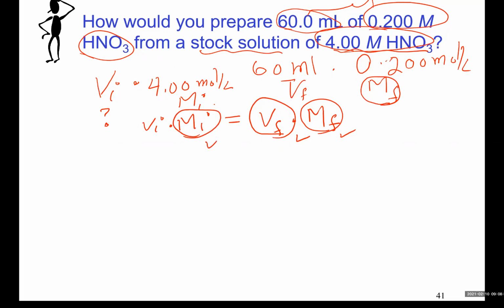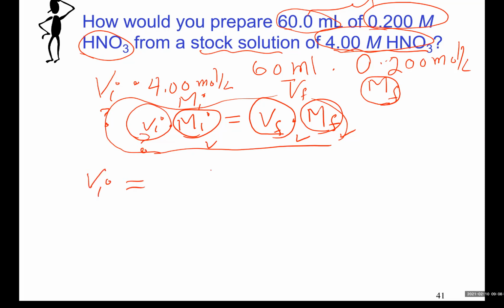So all the problem is asking me is to determine the amount of VI. How much of the 4 molar nitric acid do you need to make this solution? Can I say I can solve this equation? It's one equation and one unknown.